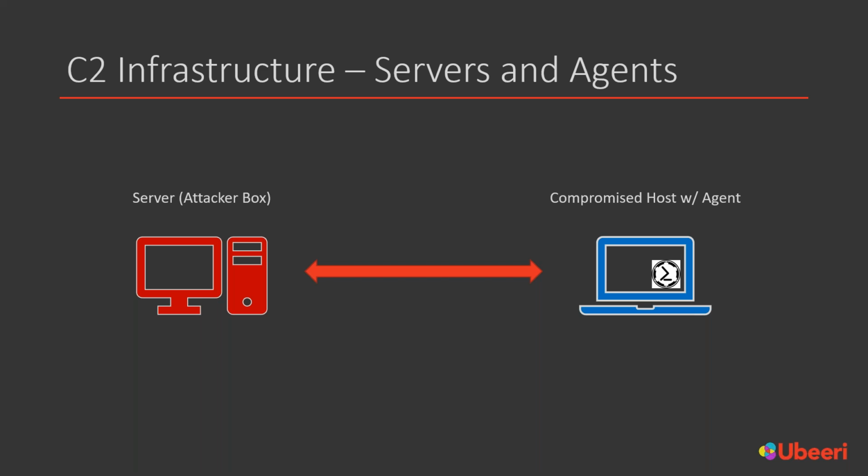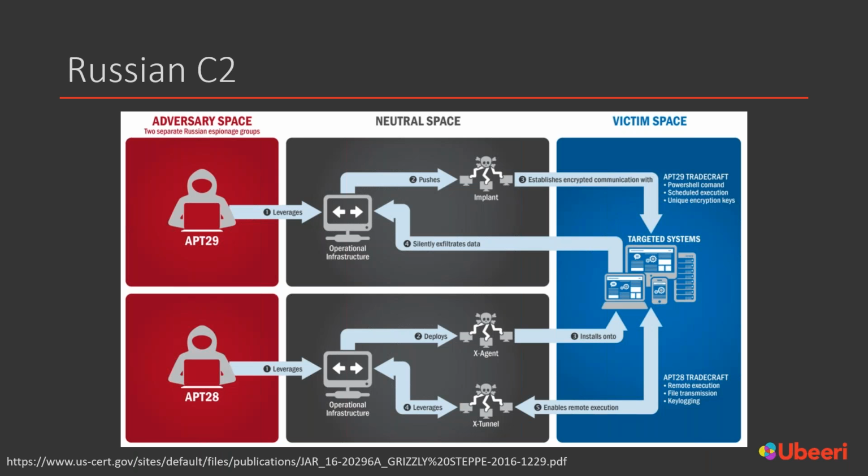Now these can get extremely complex, so this is an example of a real world one that a couple Russian APT groups used, just to give you an idea of how many components can start happening in these. Yeah, and this diagram doesn't even do a great job of showing the whole infrastructure here. One node in this diagram is potentially many different systems involved in the C2 communication, so they get really crazy.